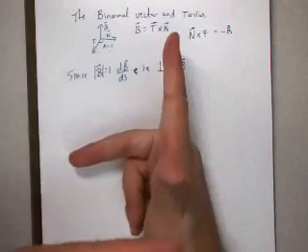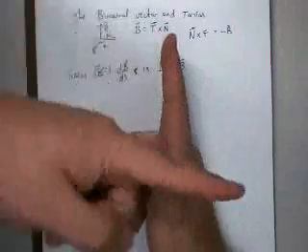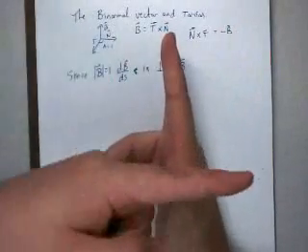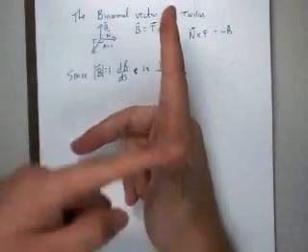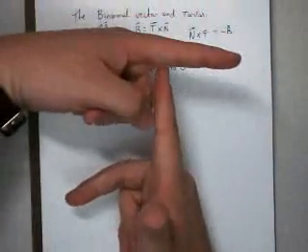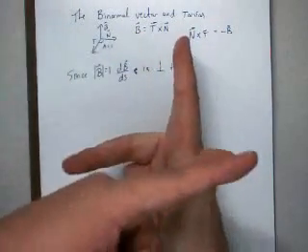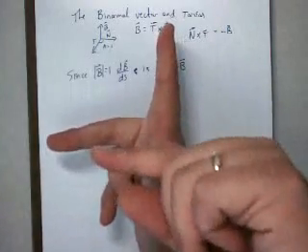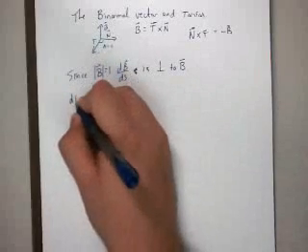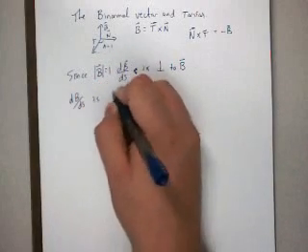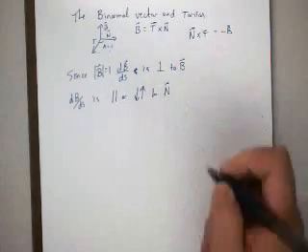So if I calculate the derivative of B with respect to s, I get a vector which is orthogonal to B. It can't point down, it can't point up, it has to be in the plane orthogonal to B. We're also going to show that dB/ds is orthogonal to T, which means that the vector has to either point against N or with N. And so what we're going to find is that dB/ds is parallel or anti-parallel to N.